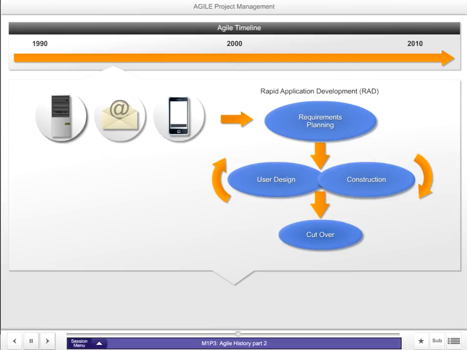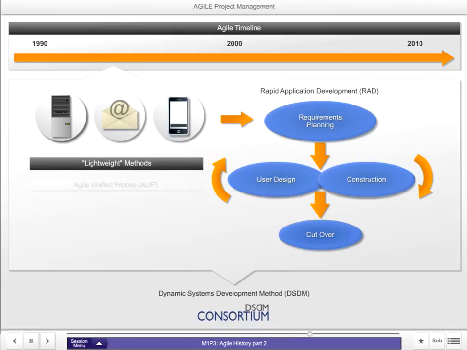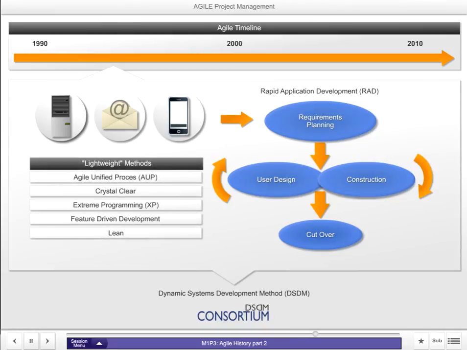In order to satisfy this need for standardization, the Dynamic System Development Method, or DSDM, was introduced by the DSDM Consortium, a group of UK-based software developers who formed a not-for-profit organisation with the aim of developing and promoting an independent RAD framework. DSDM became the foremost of many so-called, at the time, lightweight methods and techniques that arose in the wake of the RAD movement.